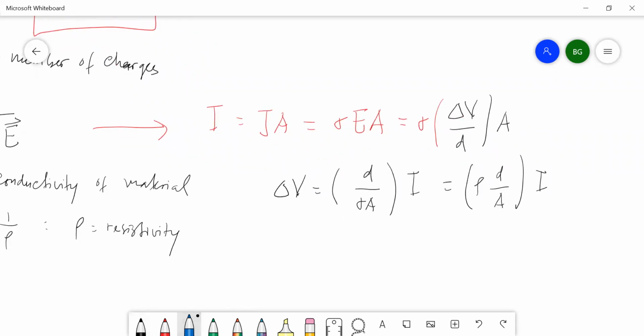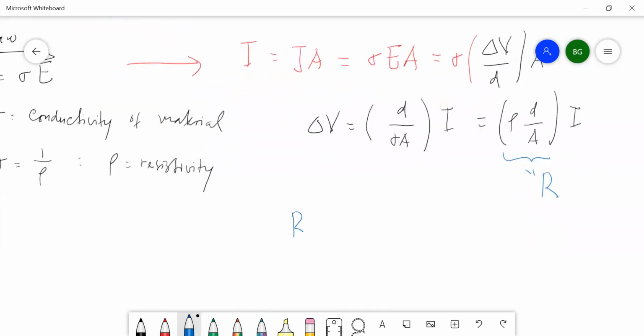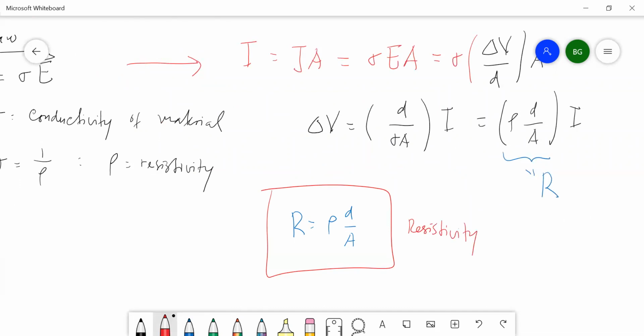Okay, and this quantity we call R here. Sorry, this is resistivity. Yeah, this is R here, rho d over A. I think this is resistivity.